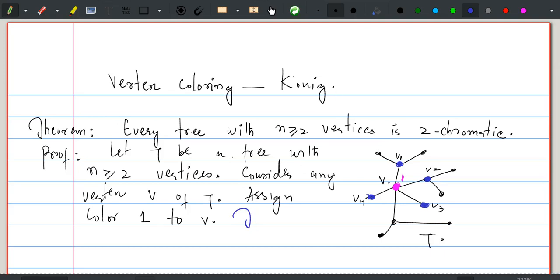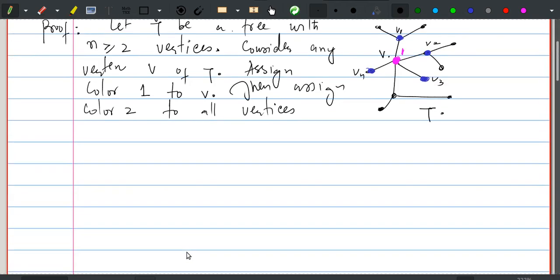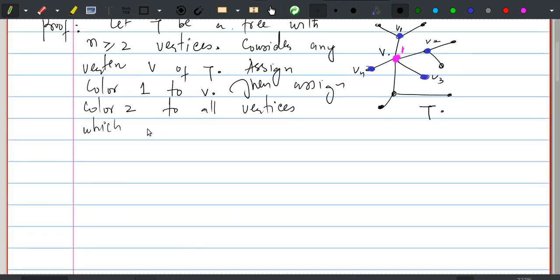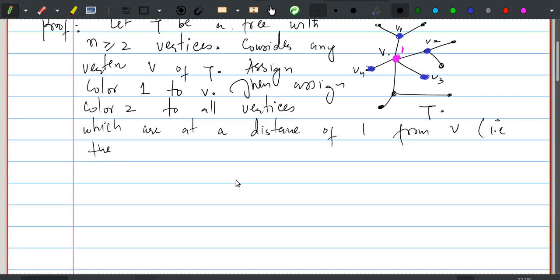Then assign color 2 to all vertices which are at a distance of 1 from v, that is, the vertices which are adjacent to v.